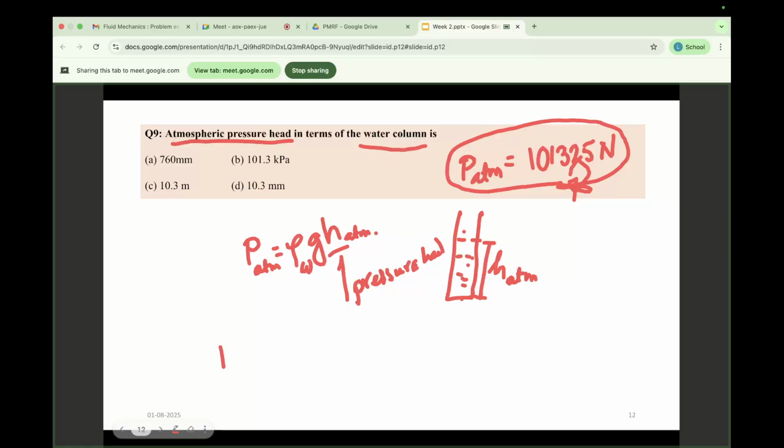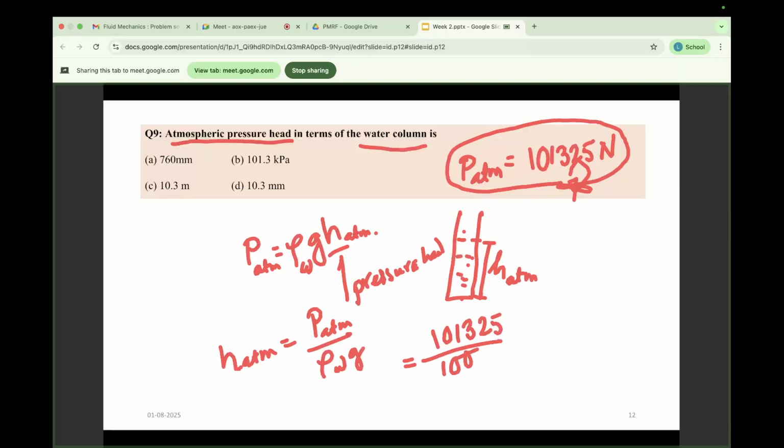So I can write H ATM equal to P ATM by rho water into g. P ATM is 101325, and rho, since water is given, I put as 1000 into 9.81. So please calculate. You will get a value near about 10.3 meter.